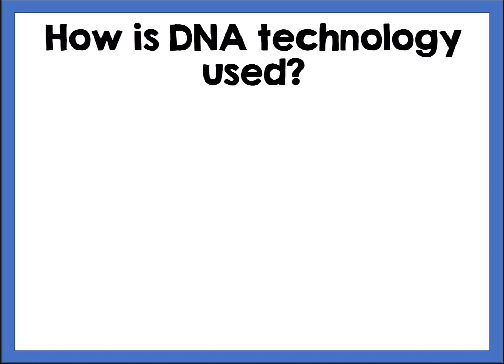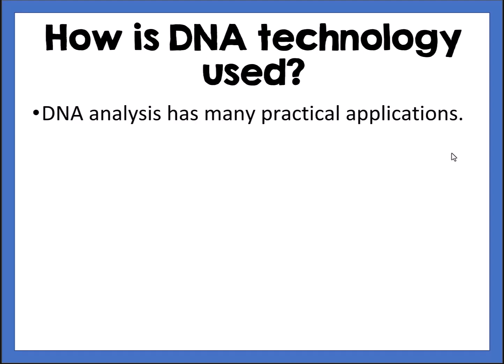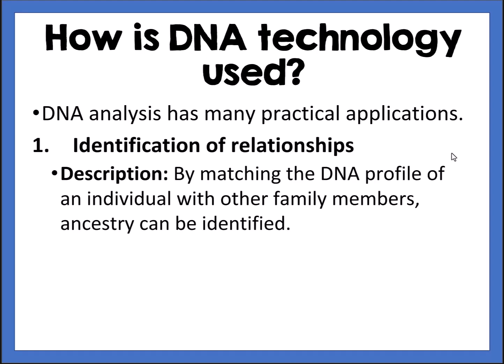So now that we've learned how to analyze DNA, how is this technology used? Well, DNA analysis has many practical applications. First, it can be used to identify relationships. By matching the DNA profile of an individual with other family members, ancestry can be identified.